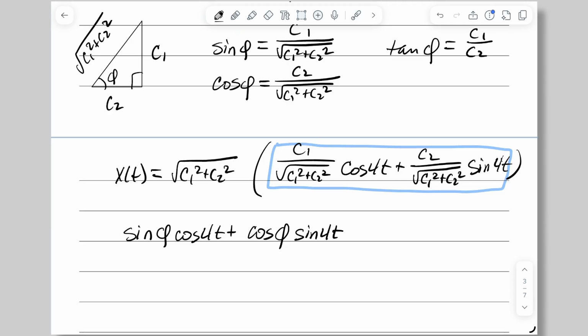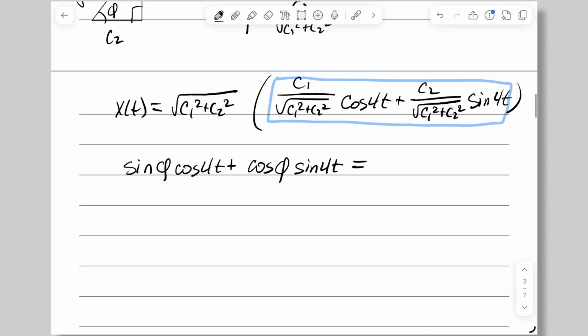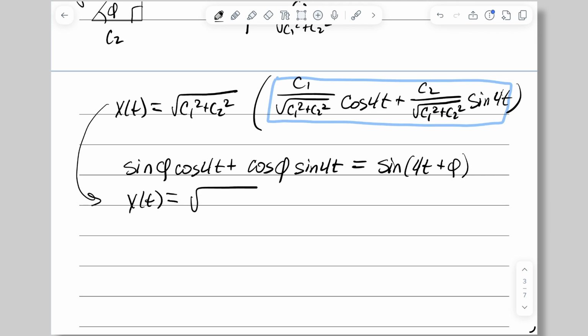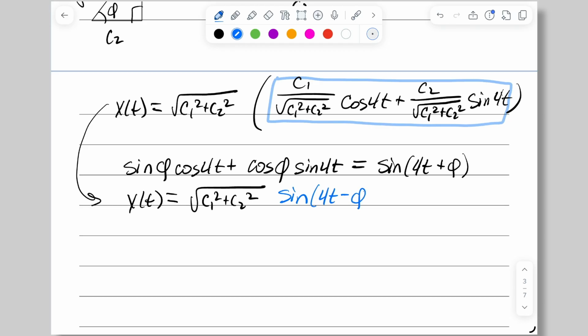And you may recognize this as an identity. It's actually a phase shift of a sine function. This actually is going to be the sine of 4t plus phi. So we can rewrite x of t as the hypotenuse length, the square root of c1 squared plus c2 squared, times the sine of 4t plus phi.